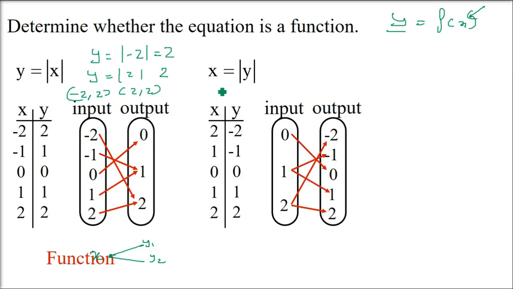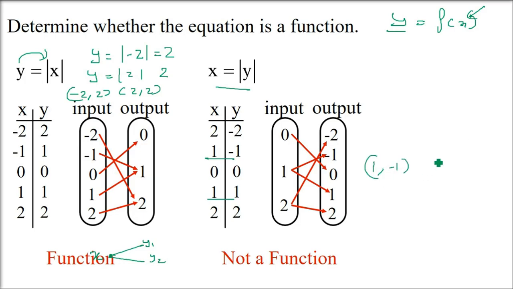So now 1 is pointing to minus 1 and 1. 2 is pointing to minus 2 and 2. So now a single value is pointing to 2 values. That is, for a single x value, there are multiple y values. But the function definition says, for every x, there has to be a unique y, which is not here.